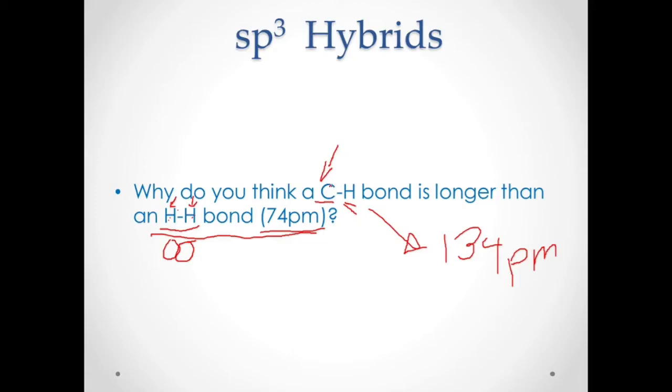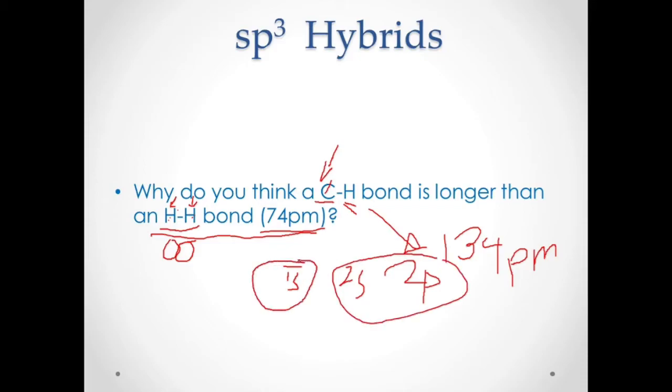Since your carbon is a much bigger atom than your hydrogen, there are still electrons on its 1s orbital, because the 2s orbital and the 2p orbitals of carbon are involved in bonding. But the 1s doesn't get involved in bonding, so basically it's just there.